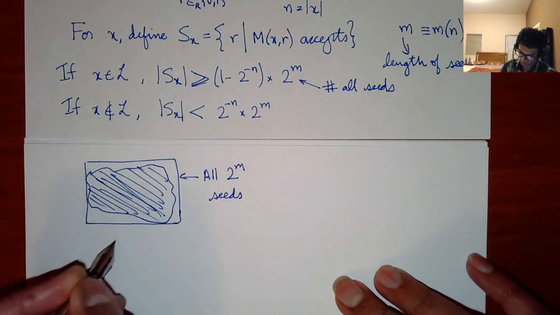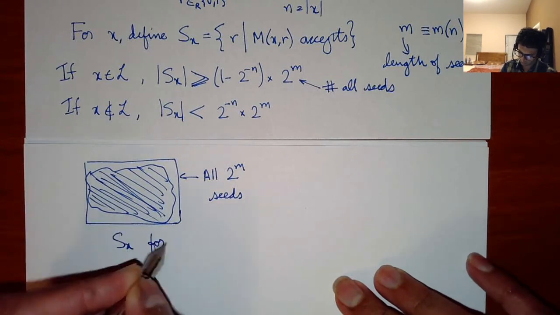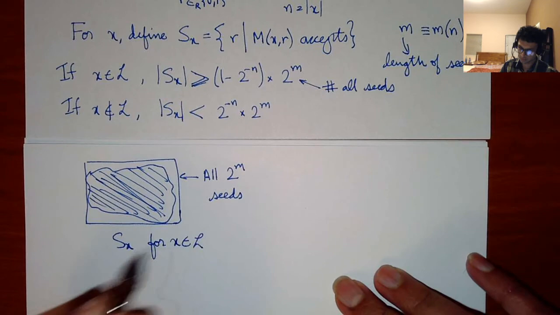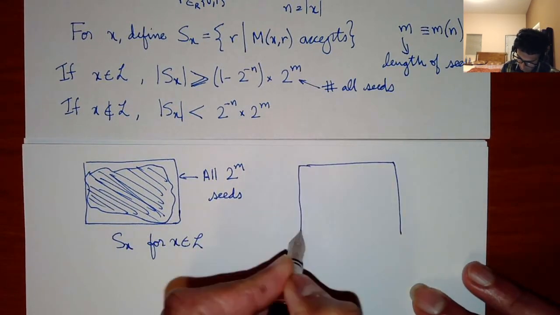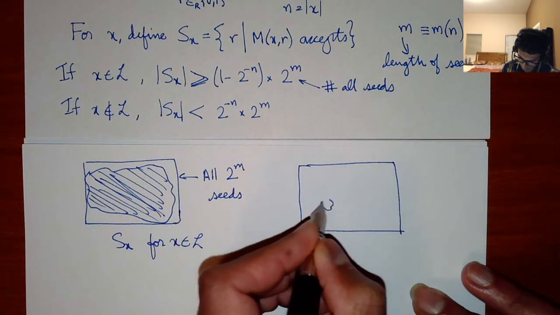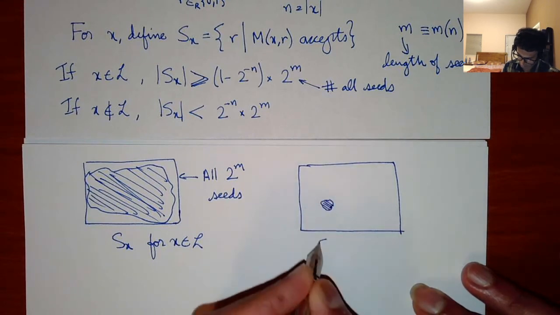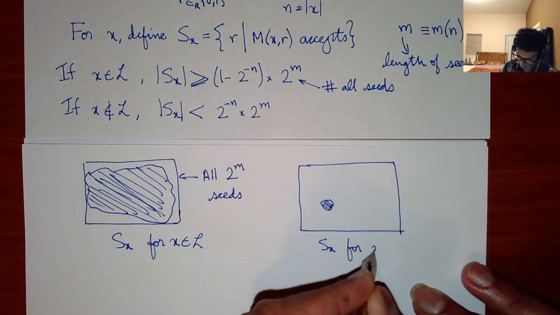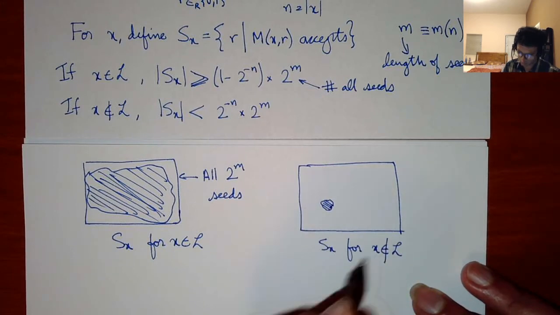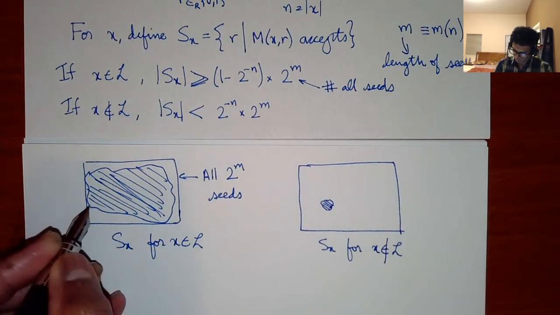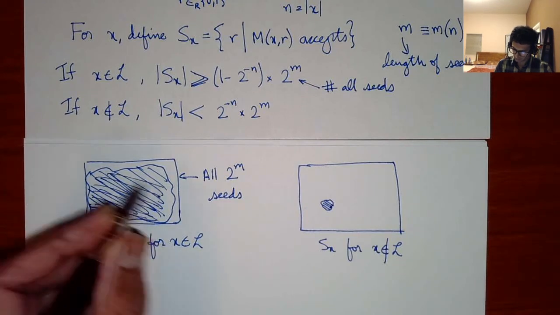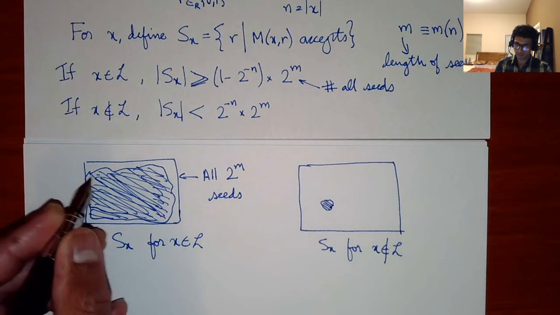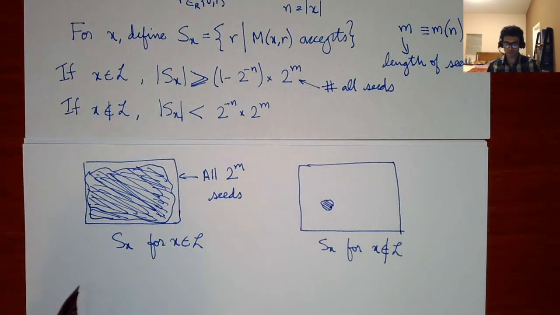This is S of x for x in the language. If you take something that is not in the language, this is S of x for x not in the language. This is actually even a bad cartoon picture. It's almost everything, right? There's very little stuff outside. So these are the two cases to distinguish.